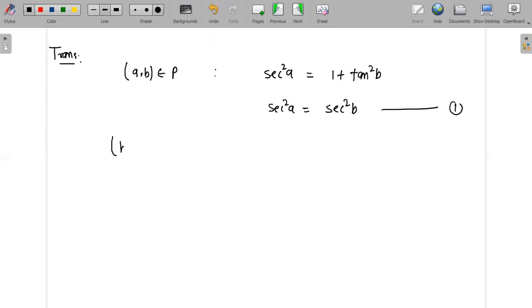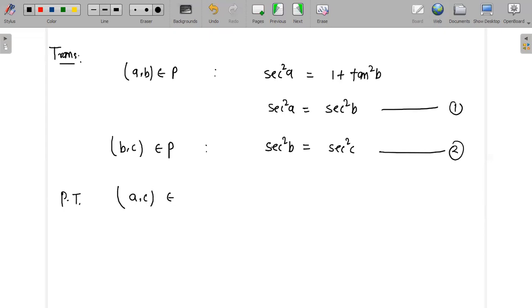Now you need to assume that there will definitely be a c, so b comma c must belong to relation P. So from there, I can write that the value of secant square b must be equal to secant square c. So this will be your relation number 2. And from these two relations, you need to prove with the same logic that the ordered pair a comma c should belong to P. If it does, then this is your transitive one.